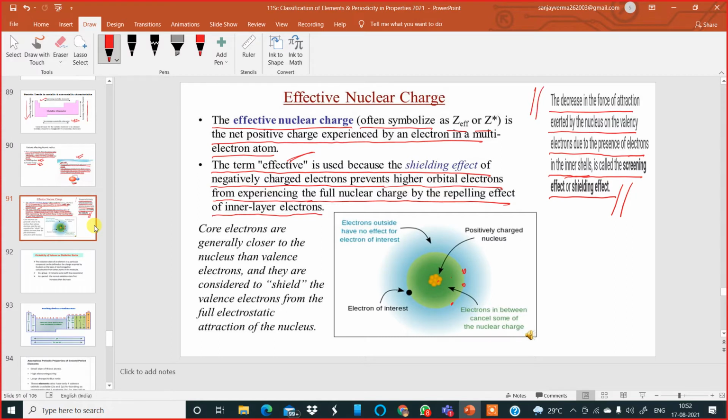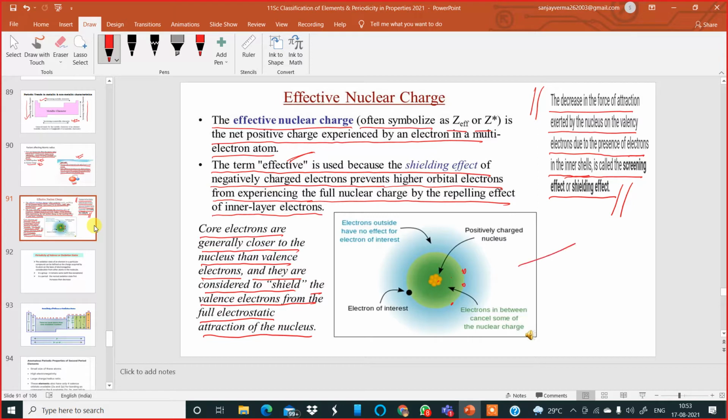The core electrons are generally closer to the nucleus than valence electrons, and they are considered to shield the valence electrons from the full electrostatic attraction of the nucleus. So this was just to explain the meaning of effective nuclear charge.